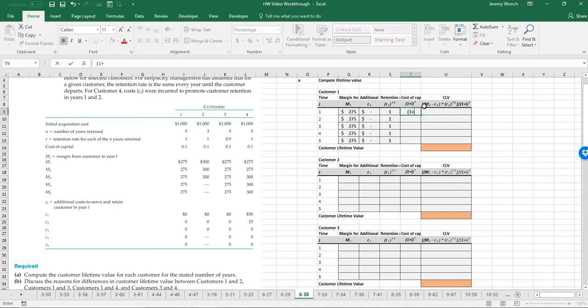So we want to do 1 plus our rate, which is 10%. And then we want to raise that over whatever year that we're in. And so put an equal sign here in front. And there we go.